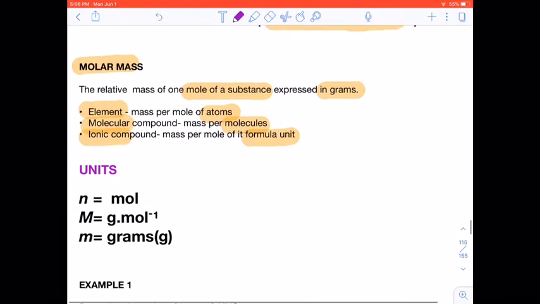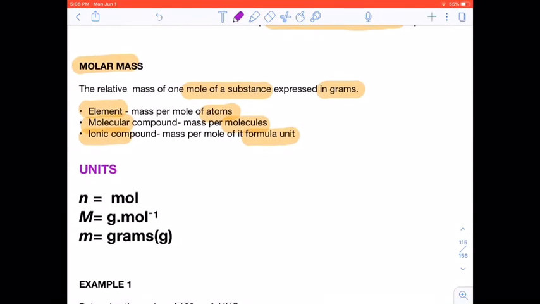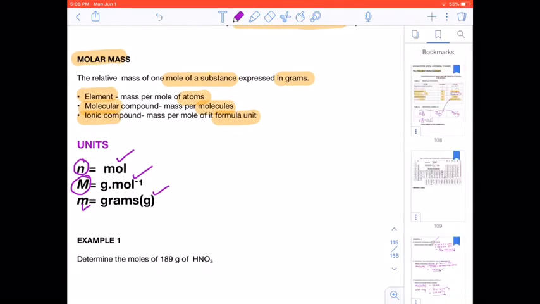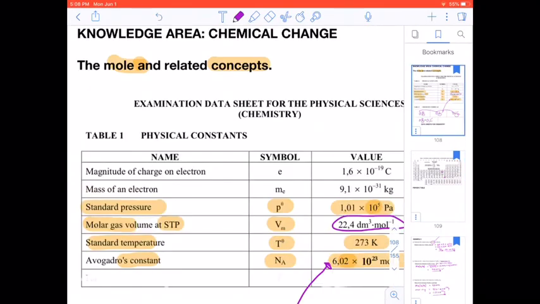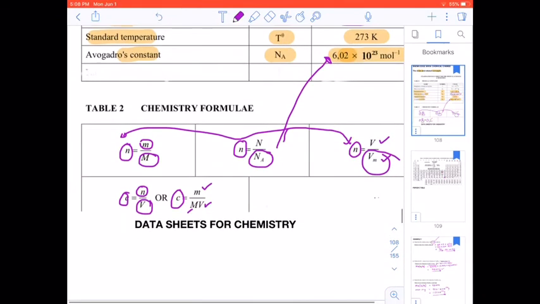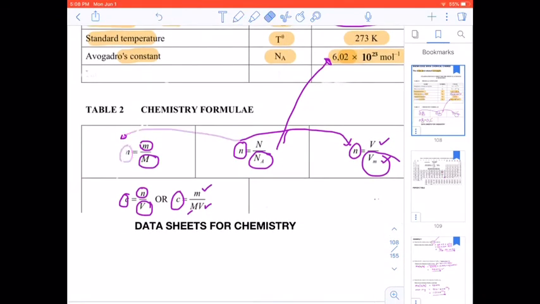Right, now let's look. n, the number of moles, the unit of it is mole. Molar mass, the unit of it is grams per mole. And mass, the unit of it is grams. So you need to know what the unit of each one is. I can draw your attention to this, and remember I said you'll need to know these formulas.